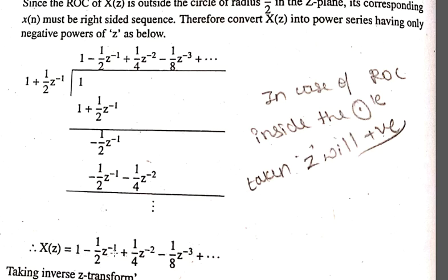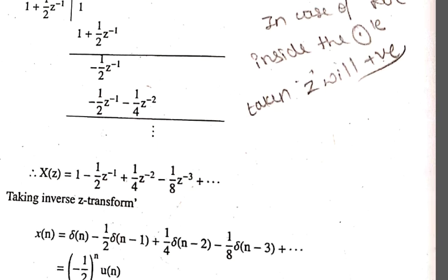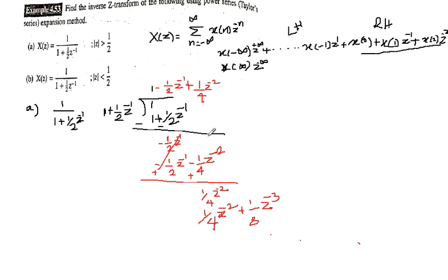And we compare this result with these values. So our x of n is nothing but, we can compare, this we consider as our x of z, and this x of z is equal to this value.